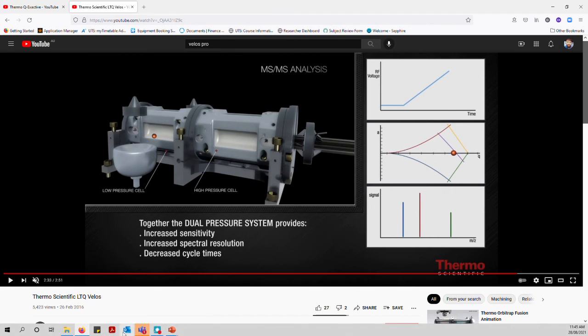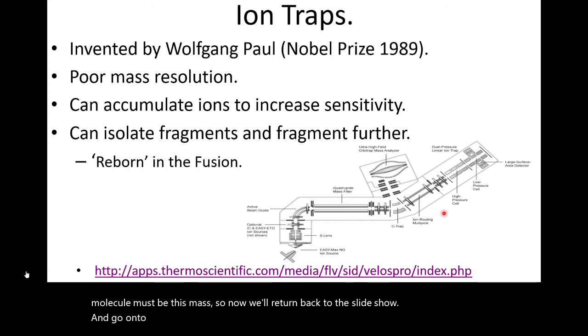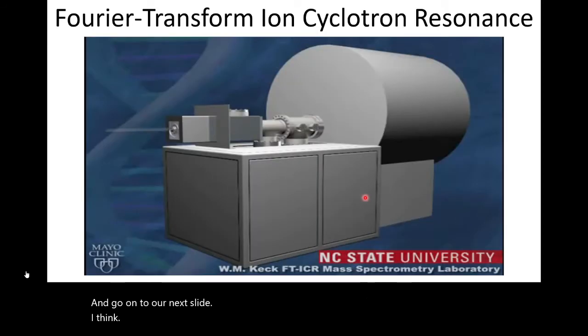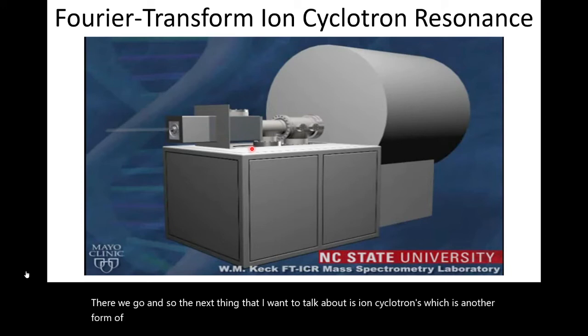So now we'll return back to the slideshow and go on to our next slide, I think. There we go. And so the next thing that I want to talk about is ion cyclotrons, which is another way of measuring the masses of ions.